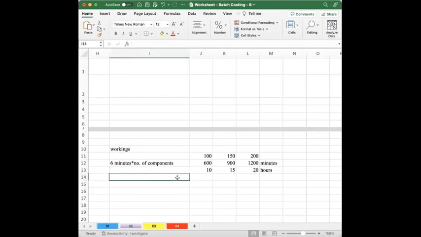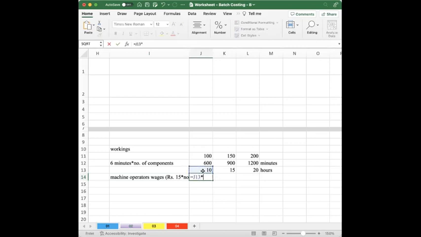Then let's calculate the machine operators' wages. So we know per hour rate will be 15. That will be into number of hours, right? 15 into number of hours. So equal to 10 into 15.